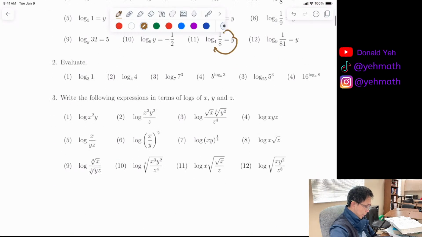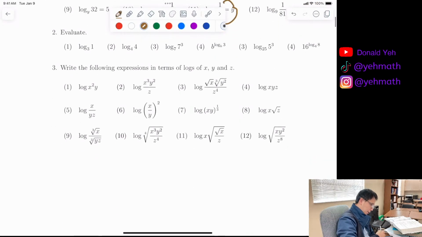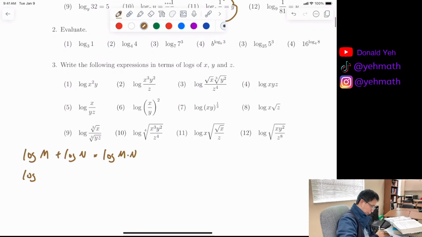Okay, so here are the basic parts. Log of m plus log of n equal to log of m times n. Log of m minus log of n equal to log of m over n.